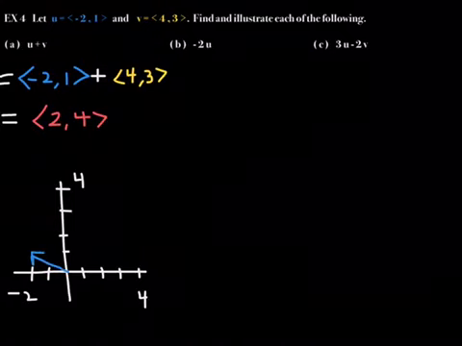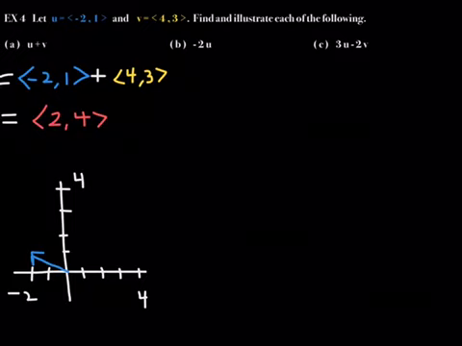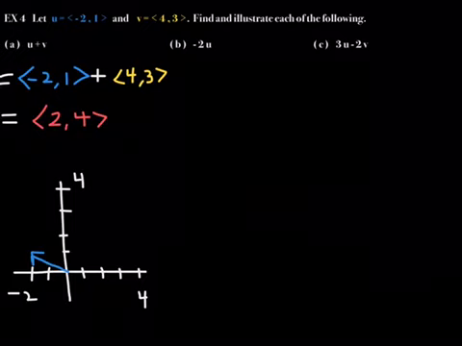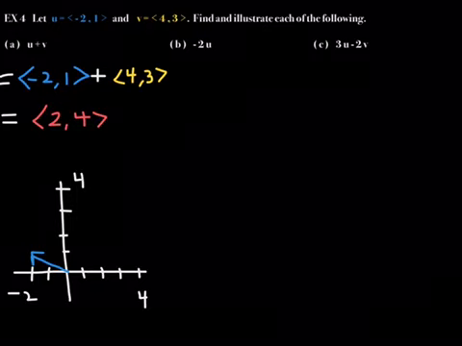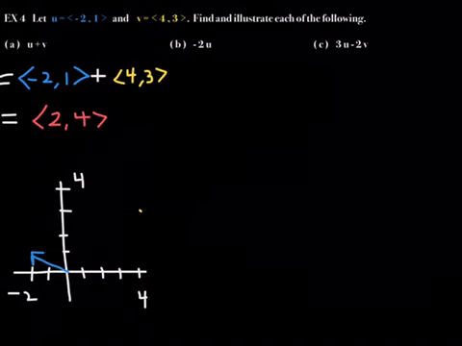All right, negative 2, comma 1. That's where it terminates. Vector v is also a position vector. Again, initial point at the origin, terminal point, this time at the coordinates 4, comma 3, which of course is quadrant 1. So there's 4, comma 3 about right there. So there is my vector v.